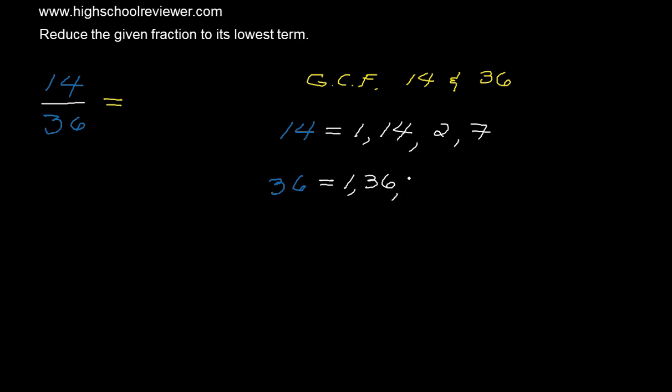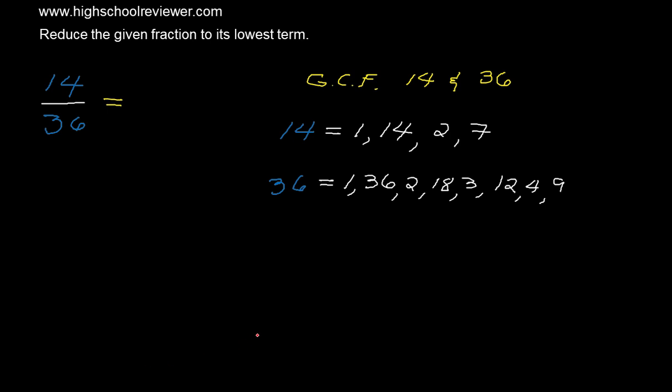We also have 2 multiplied by 18. And then we also have 3 multiplied by 12. And we have 4 multiplied by 9. These are all the factors of 36.